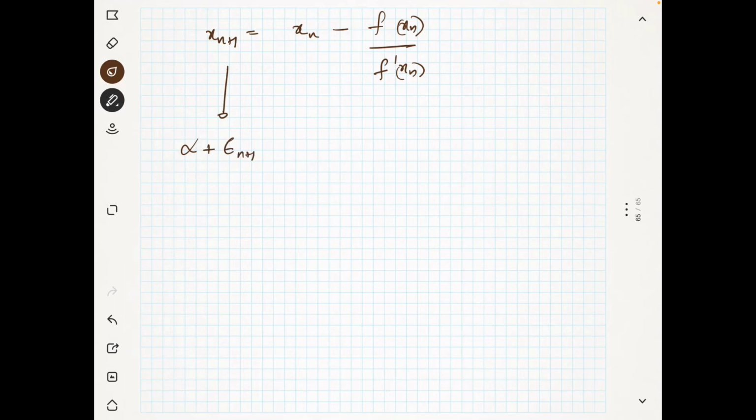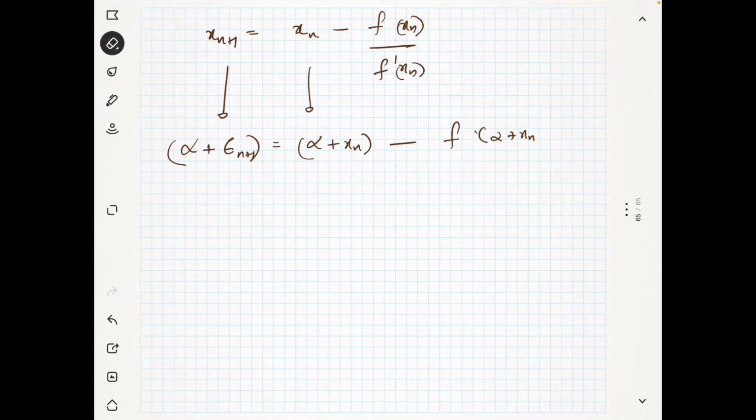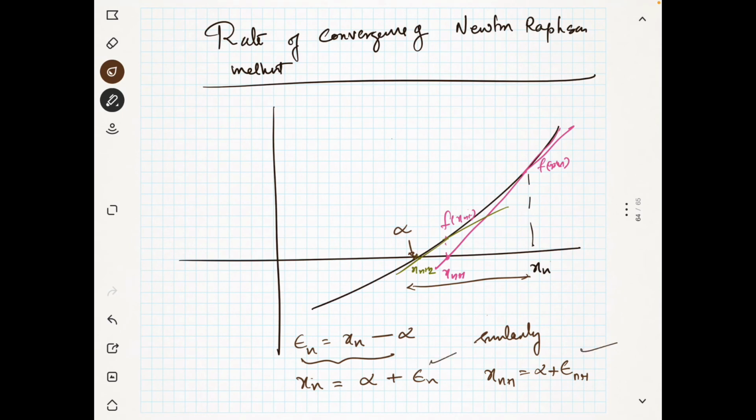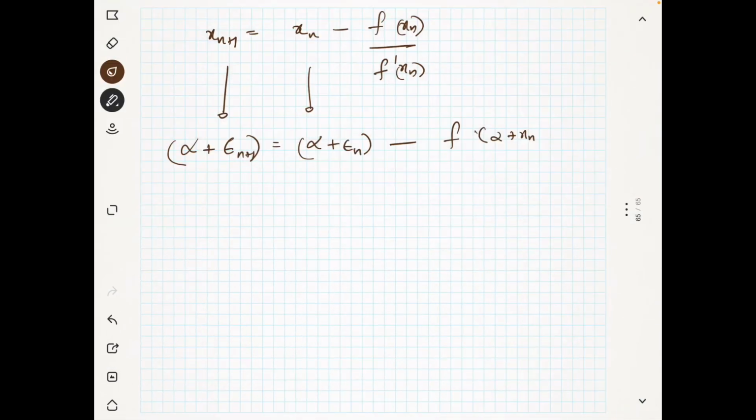So this is nothing but alpha plus epsilon of n plus 1, and this I will replace with alpha plus epsilon n, minus f of alpha plus epsilon n divided by f dash of alpha plus epsilon of n.